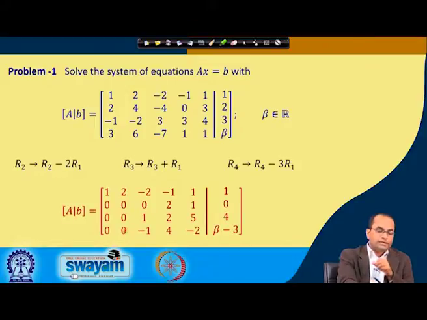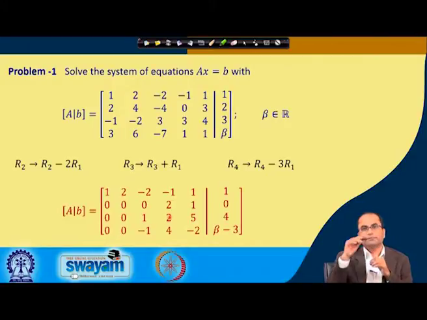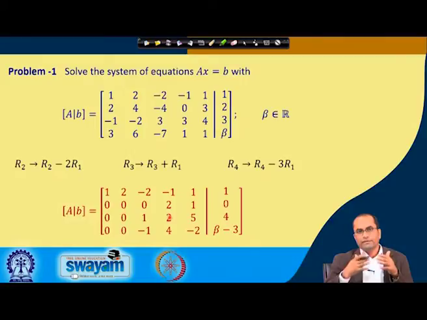But this is already eliminated, and now we will go to the third one. Corresponding to x3 we have to make all the coefficients 0, that means this third column. But here we realize there is already a 0 there, but remember the stepwise structure of this echelon form, and this is a very systematic approach.